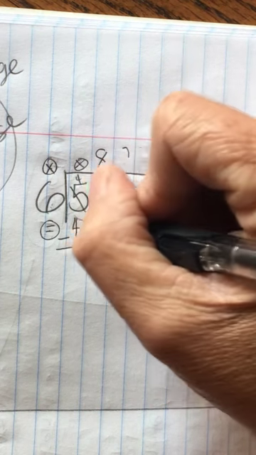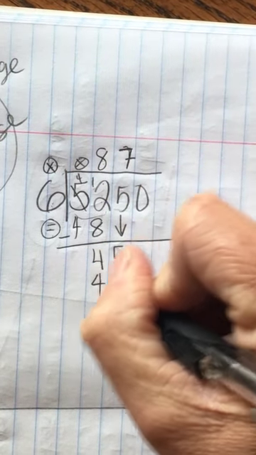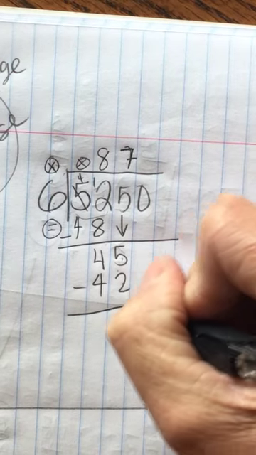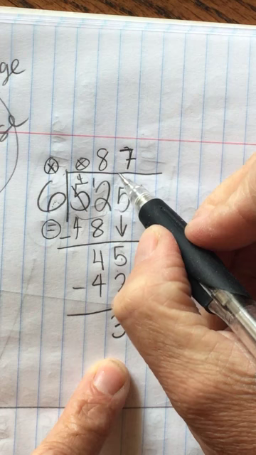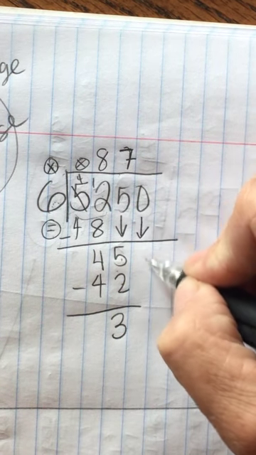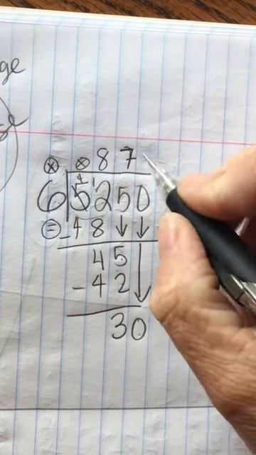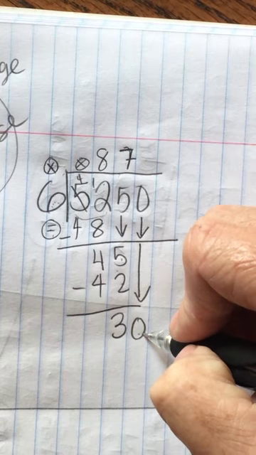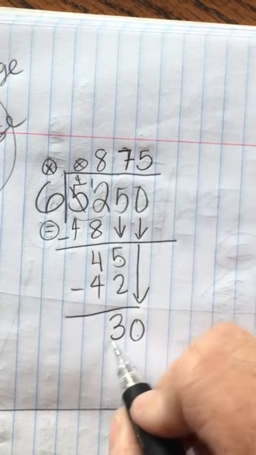Let's see, 8 times 6 is 48, so it must be 7. 7 times 6 is 42. 5 minus 2 is 3. 3 is less than 6, so we know that that is a good choice there. We're not done yet. We have an open spot and a 0 to place here. What times 6 equals 30 without going over? Well, I know 5 times 6 is 30. 5 times 6 equals 30.